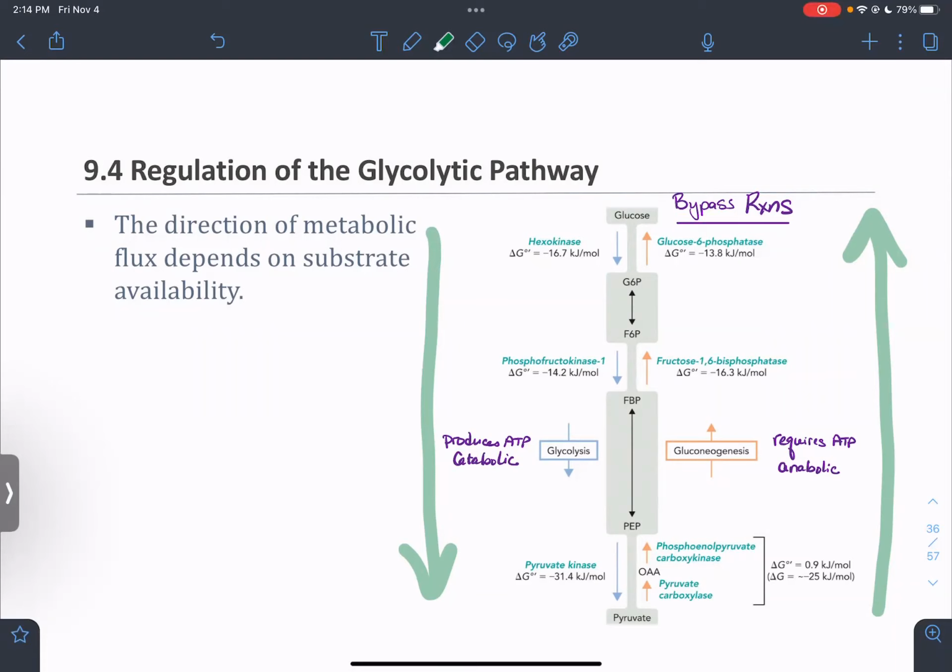But we also have rate limiting reactions, and those are the ones where we can actually decrease enzyme activity, even though we have lots of substrate sitting around. The reactions that have those high negative delta G values are functionally irreversible because of our physiologic metabolite concentrations, and they're subject to enzymatic control.